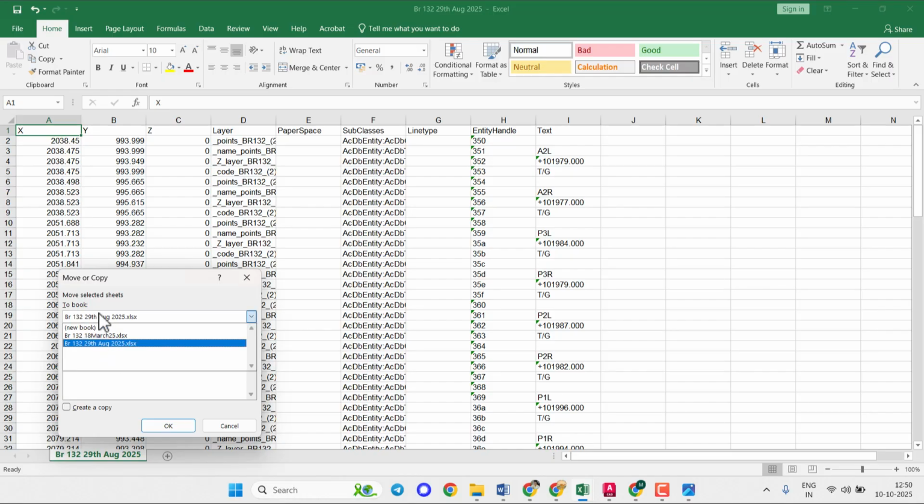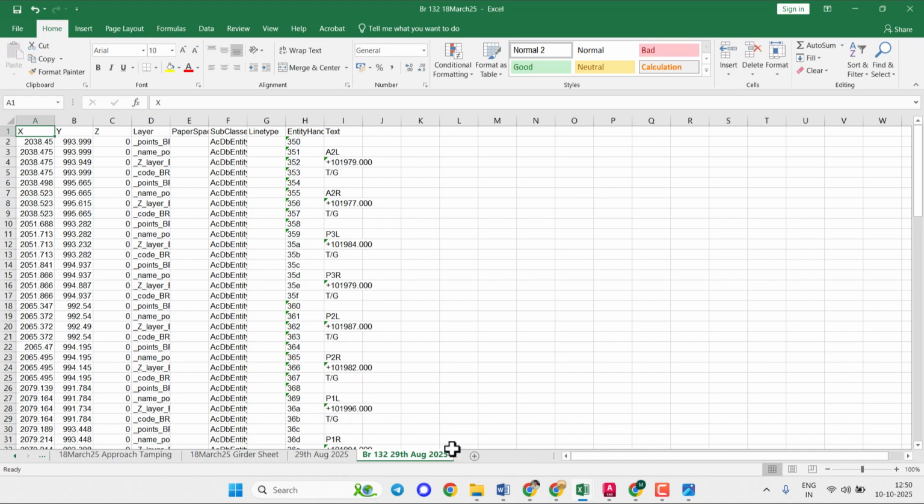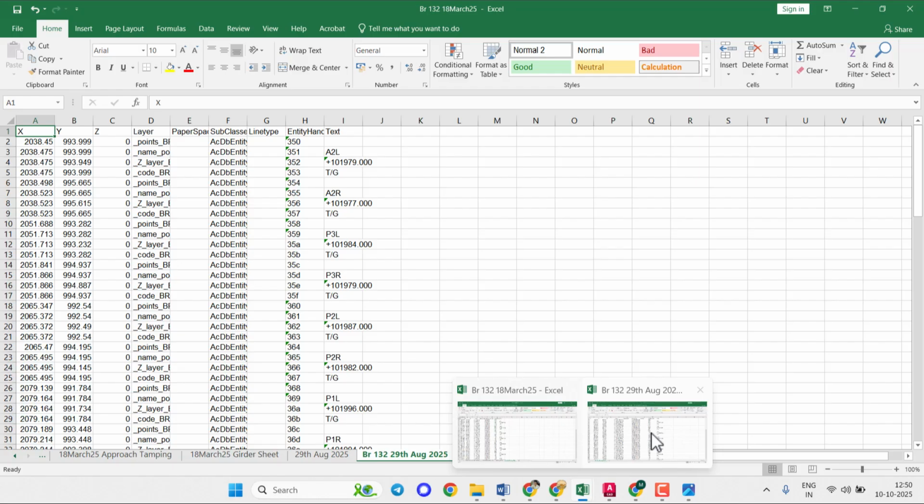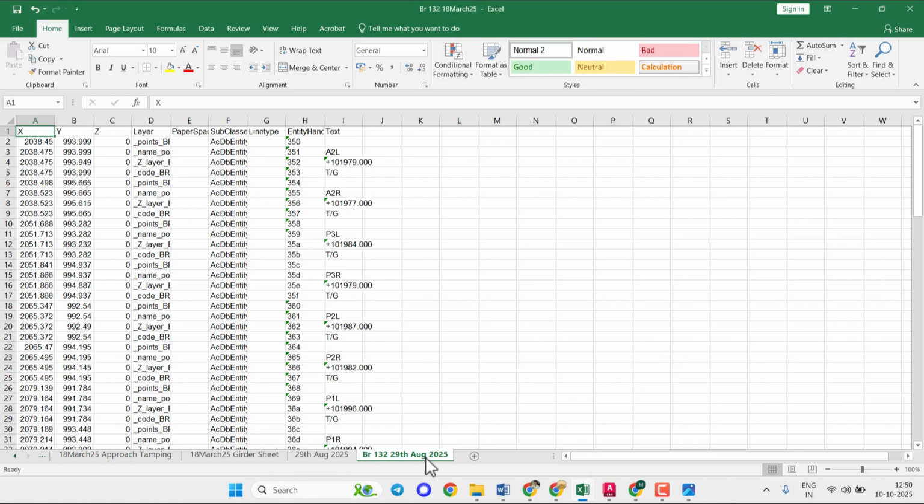Move or copy, create a copy, and let me close it. This one, and this should be level data. So this is level data, and I will later name the sheet also.